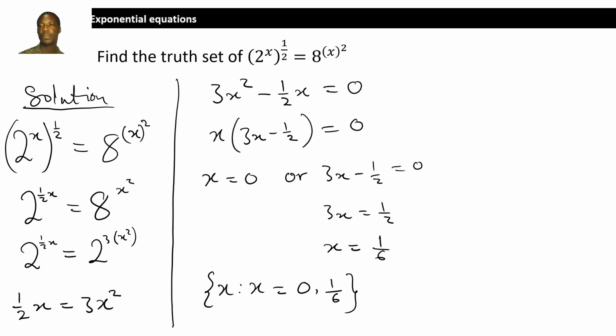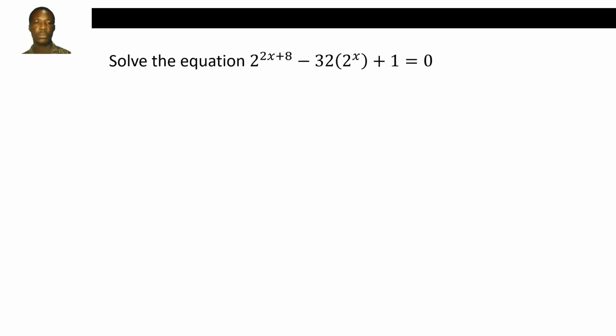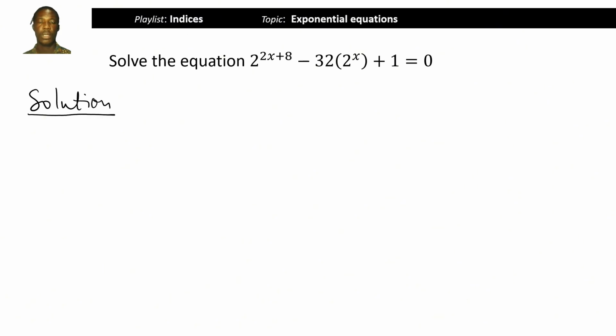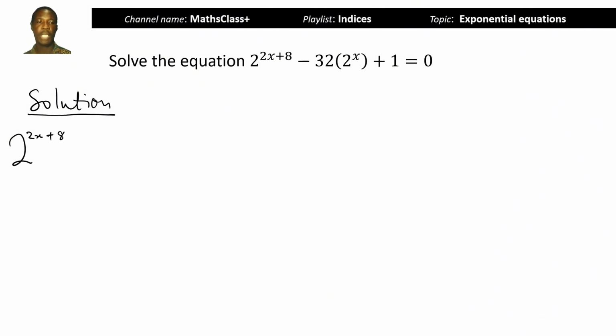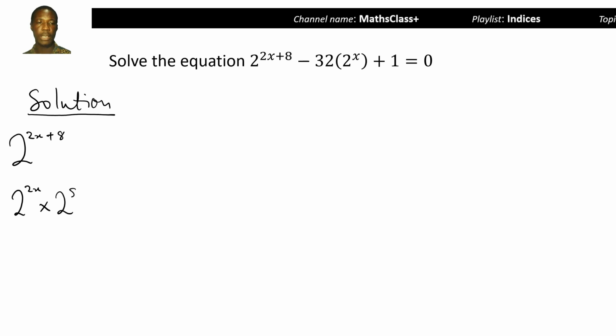Okay. Solve the equation as we see here. Okay, so our solution, we have 2 to the power 2x plus 8, which we can write as 2 to the power 2x times 2 to the power 8.